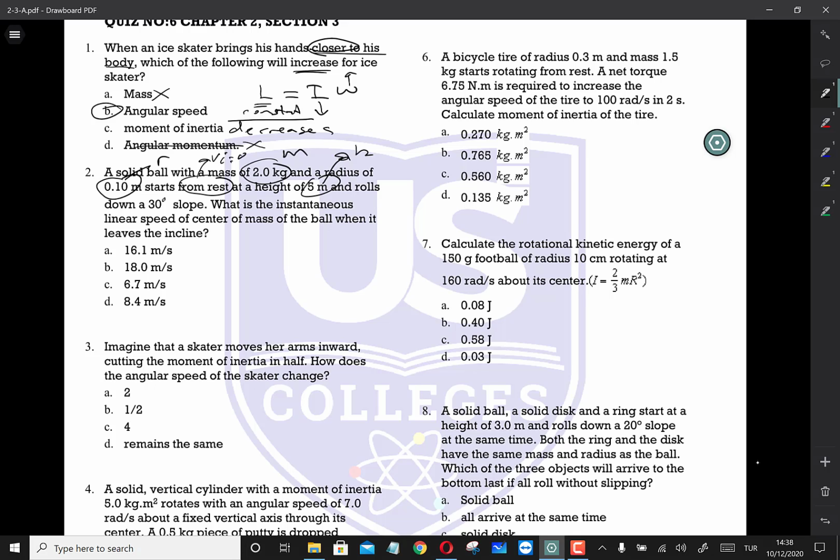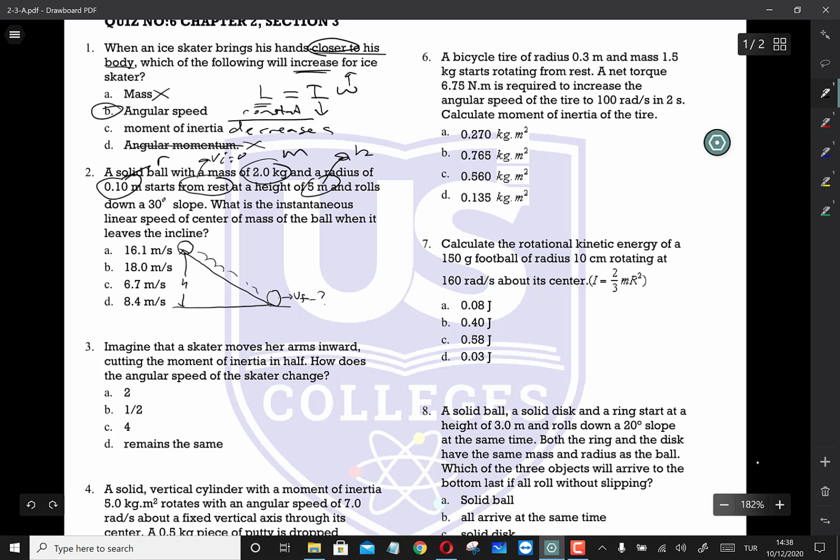What is the instantaneous linear speed of the center of mass of the ball when it leaves the incline? The object is released from a height h, rolls down the incline, and leaves it with some final linear speed. So we will calculate that.